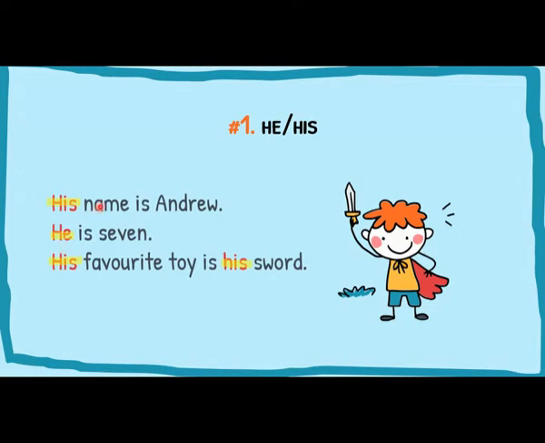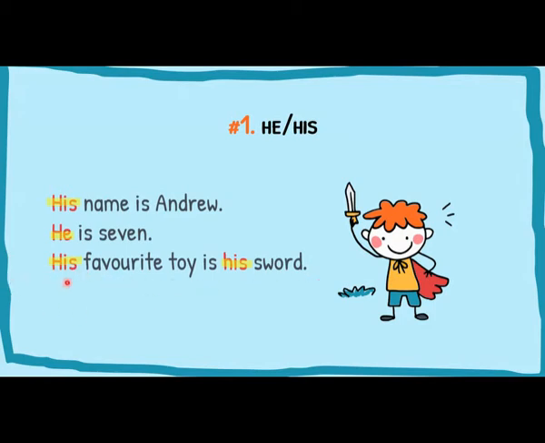Sebab nama tu belonging. Nama tu dia punya. Andrew tu nama dia. That's why we use his. Sebab Andrew tu, nama tu milik dia. Jadi kita guna belonging. Belonging kat sini ialah his. Dia punya nama.